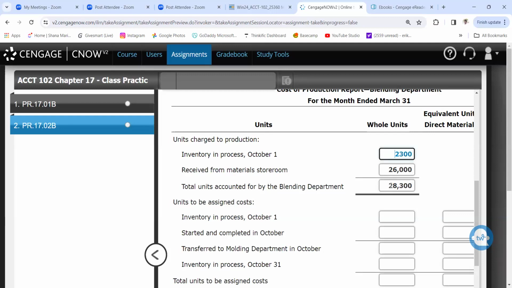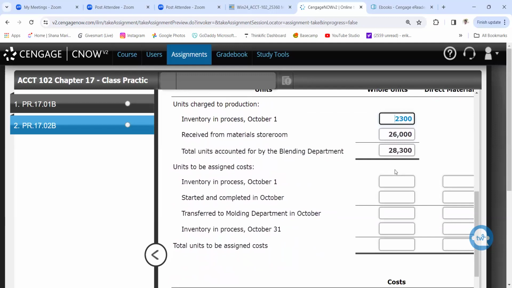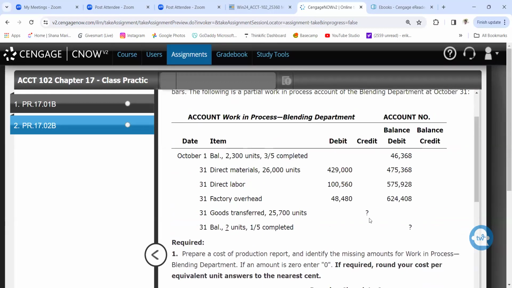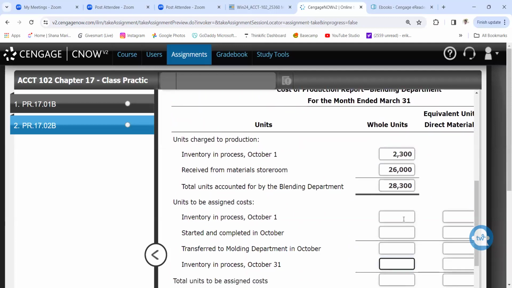Now we must break these into three buckets: beginning, started and completed, and ending. Notice this time they didn't give us the ending, but what do we have? Well, we know we got beginning WIP.